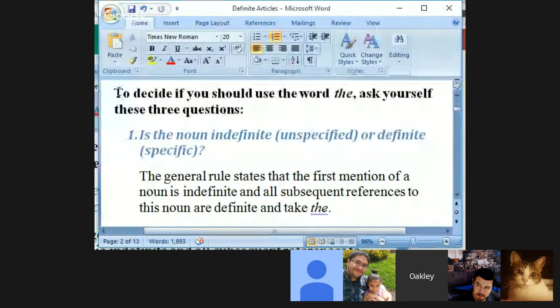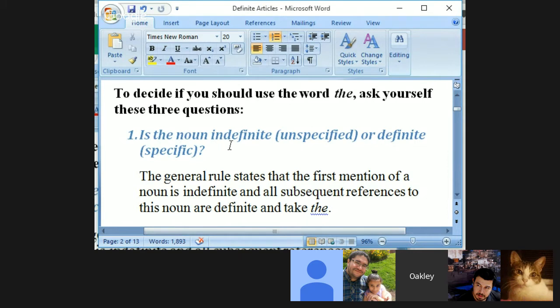Well, we're going to look at it in a couple different ways. To start out with, if you're trying to decide whether to use the, there are three basic questions regarding the basic guidelines of using the. You can ask yourself. Number one, is the noun indefinite or unspecified, general, or definite, specific?